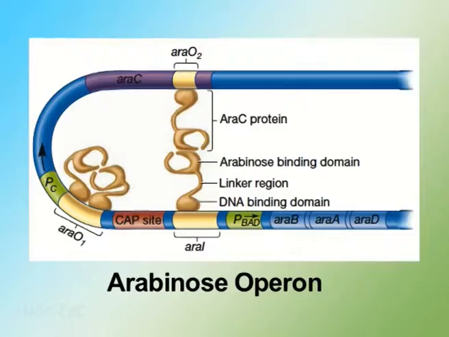As Ara-I1 and Ara-O2 are at a far away distance, to facilitate dimerization, the only option left is bending of the DNA. Because of this bending, RNA polymerase is unable to bind to PBAD promoter, and hence it switches off the synthesis of structural genes as it is desired.